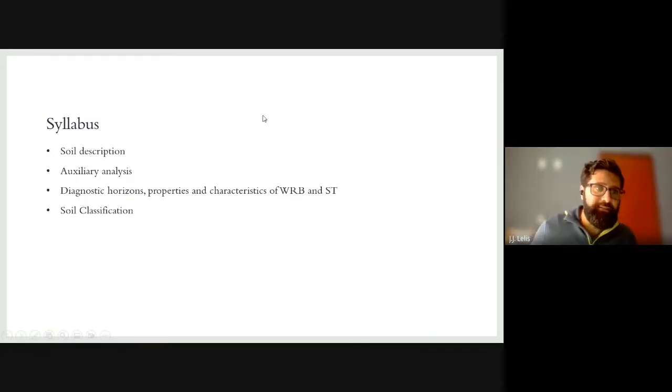As I said, this course is composed of 4 topics, okay? In the first topic, we will describe soil. So we have to discuss how we should describe soil in the field: the quantity and distribution of voids and roots, texture, consistence, structure, and several other properties that should be described in the field to make a correct soil classification.